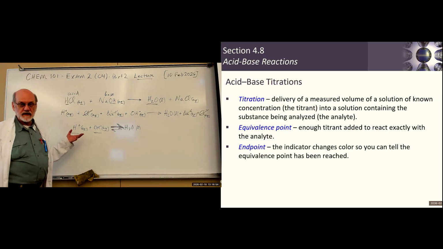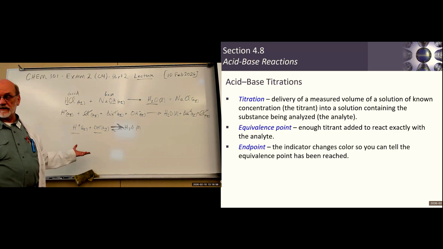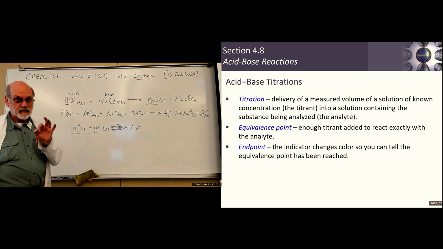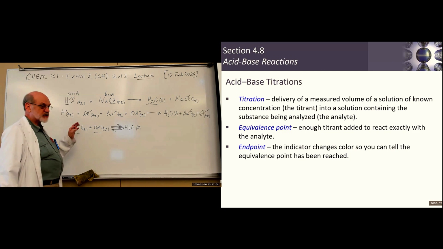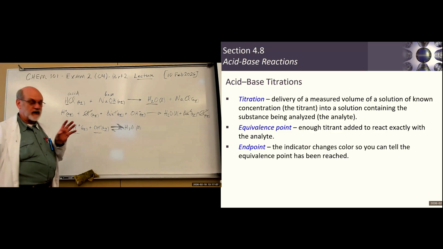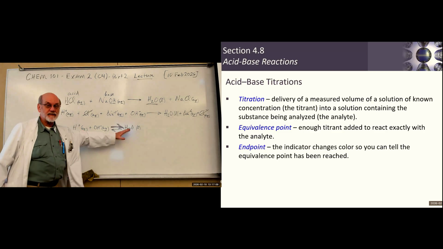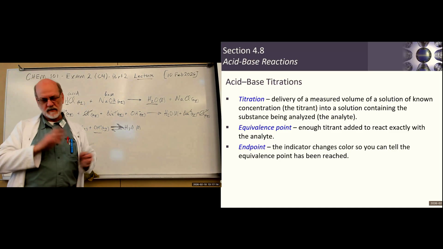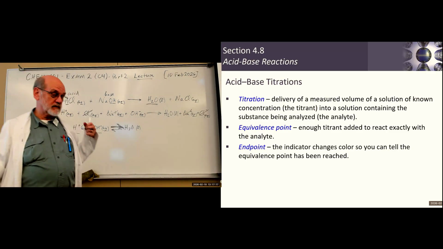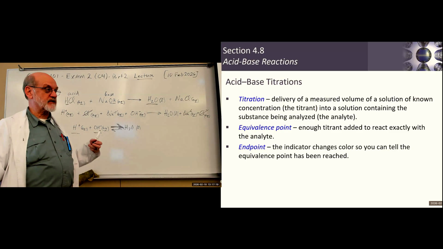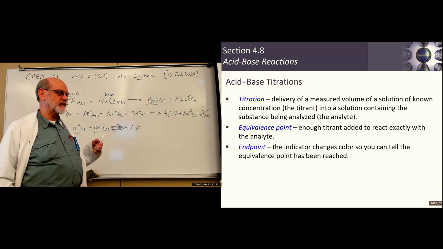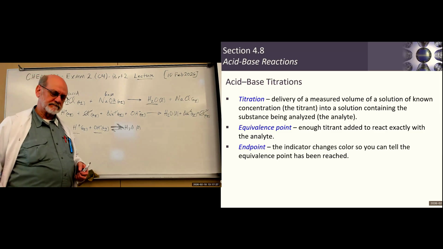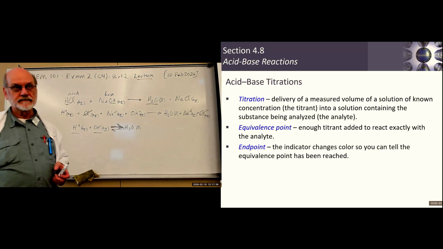But an endpoint is determined by a color change indicator, and that means you can work a lot quicker. Usually if you pick the indicator correctly, it changes colors at just the right point so that it tells you when the equivalence point is met. And you're usually not very far off if you pick it right. So our acid-base reactions happen in the neighborhood of mid pH 8s, and that's when phenolphthalein changes color.